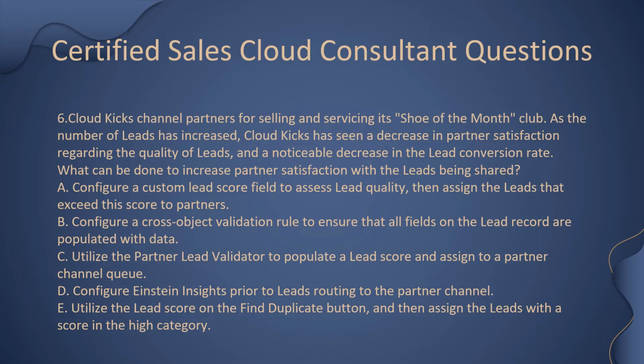C. Utilize the partner lead validator to populate a lead score and assign to a partner channel queue. D. Configure Einstein Insights prior to leads routing to the partner channel. E. Utilize the lead score on the Find Duplicate button, and then assign the leads with a score in the high category.